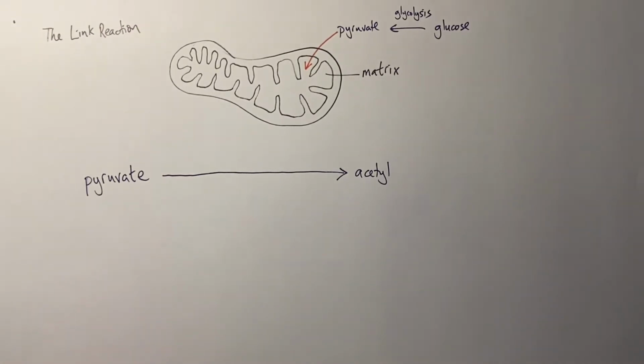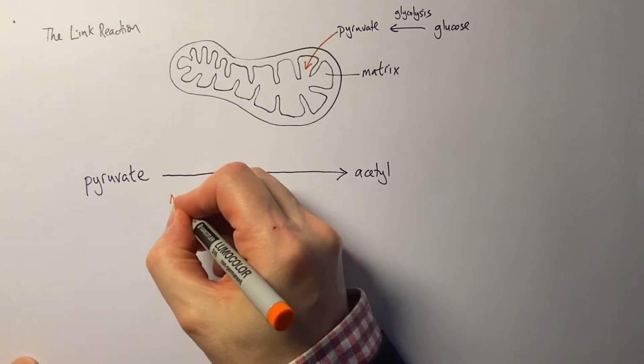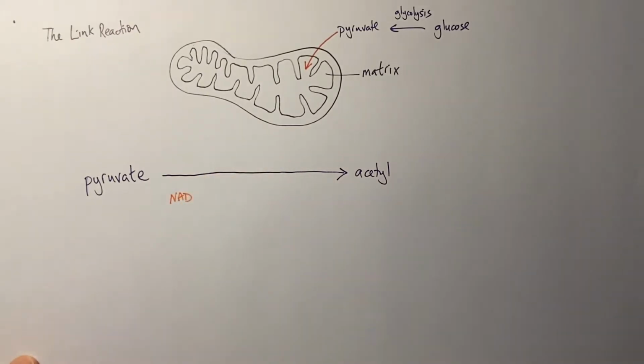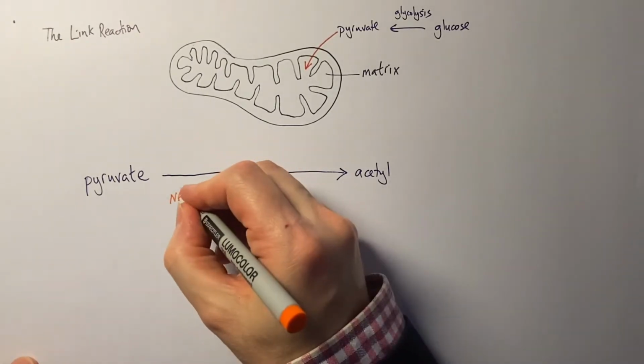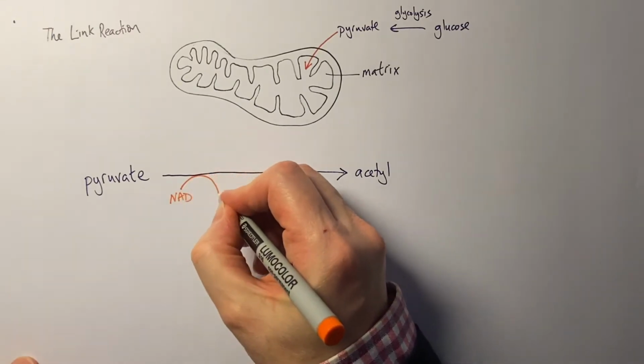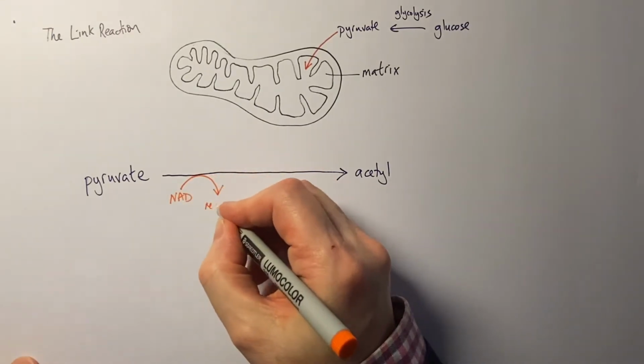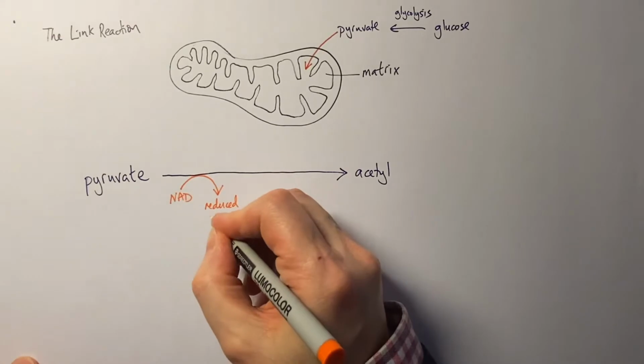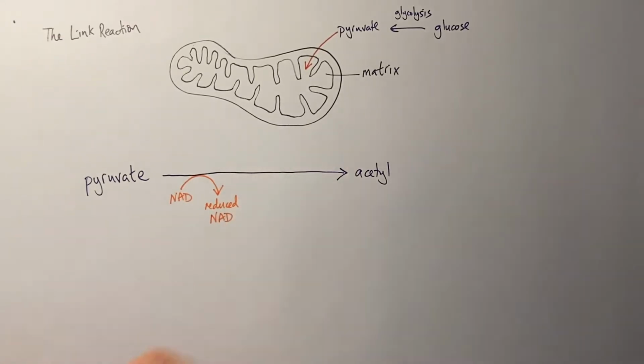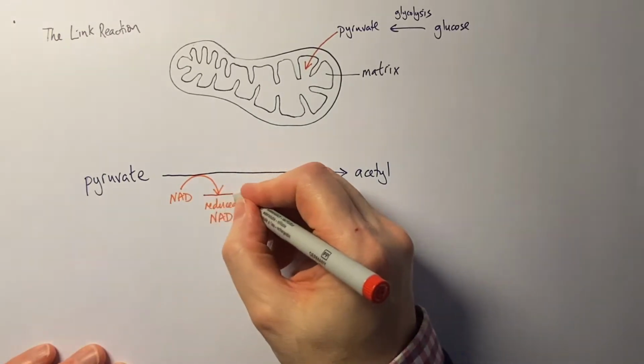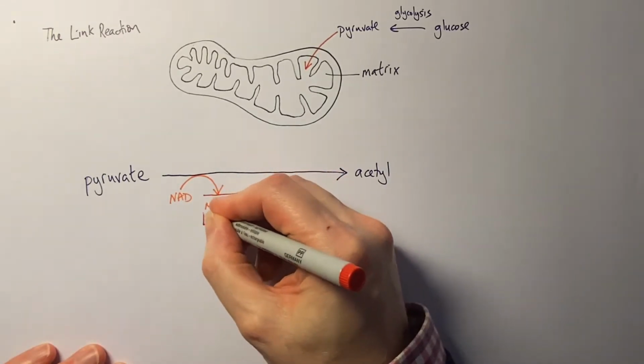During this process, two reactions take place. The first is the removal of hydrogen, and that is given to NAD to form reduced NAD. So once again, NAD is acting as a hydrogen carrier. It is a coenzyme.